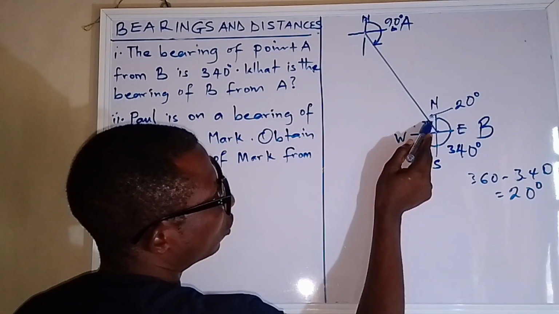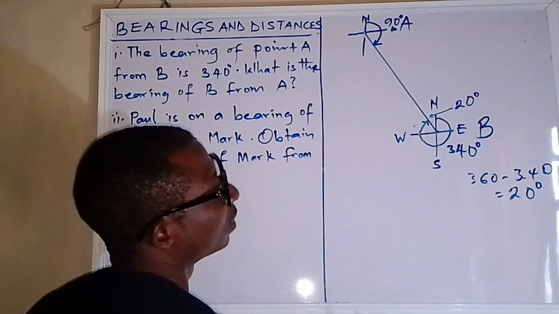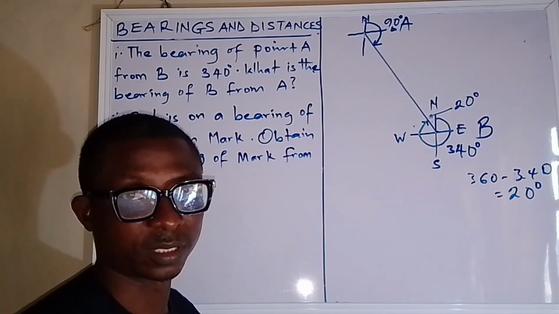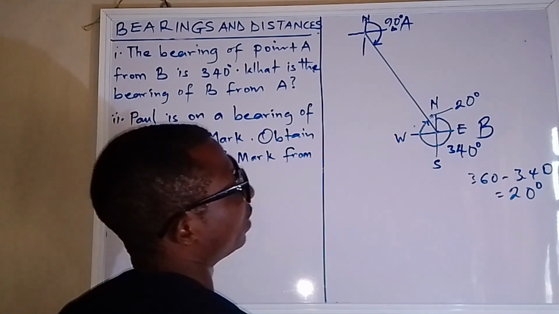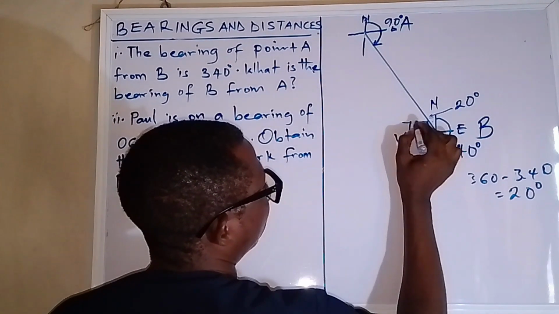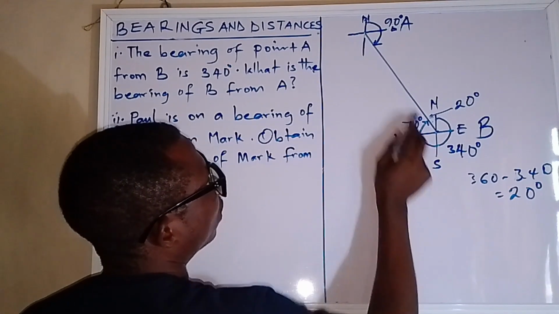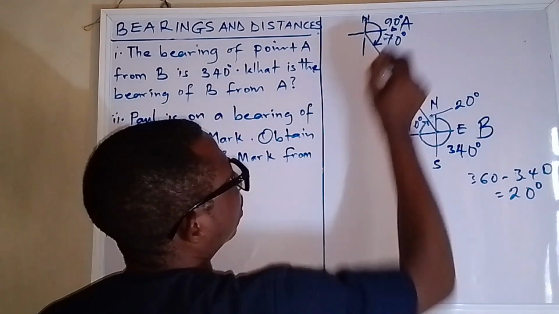And if this is 20 degrees, it means that this place now is going to be 70 degrees. That's 90 minus 20. So this is 70 degrees. So the angle here is alternate to this angle. So this place is 70 degrees. Okay.